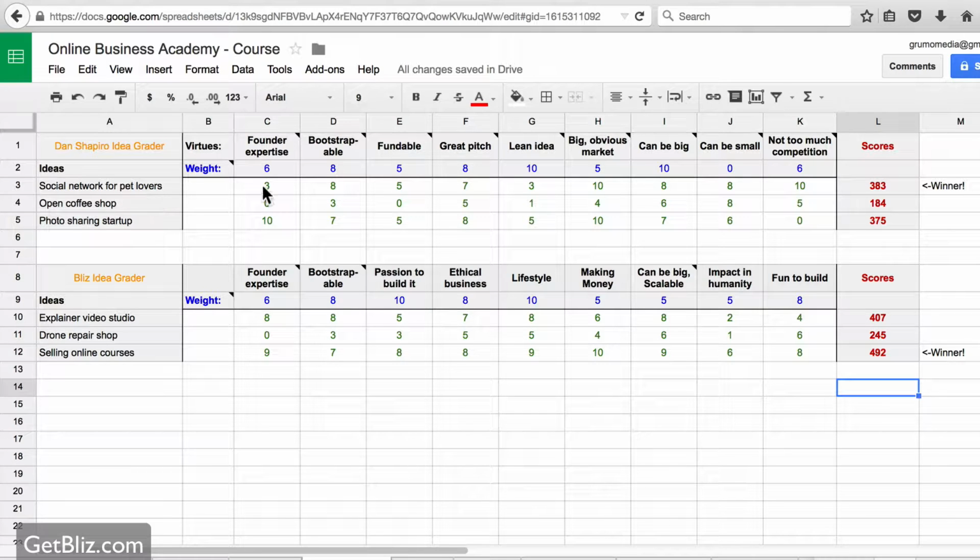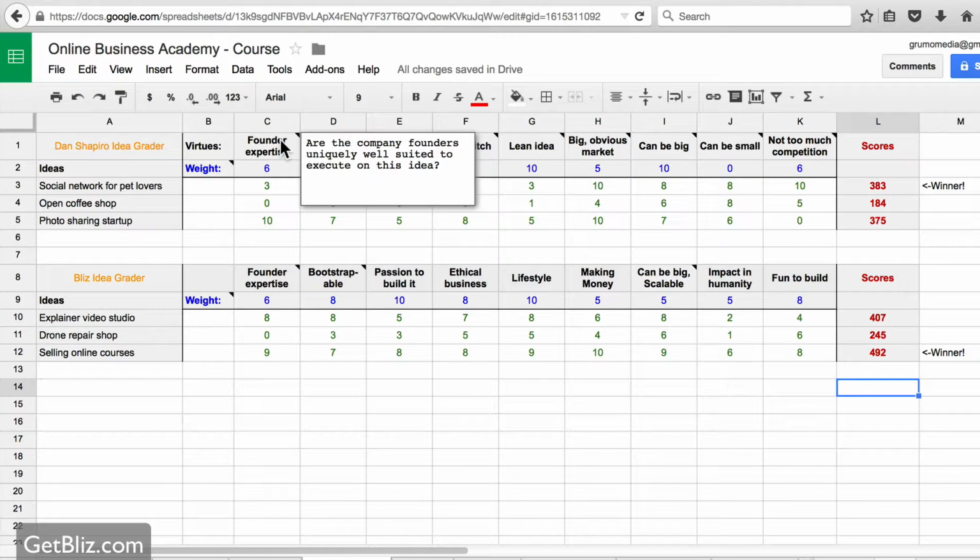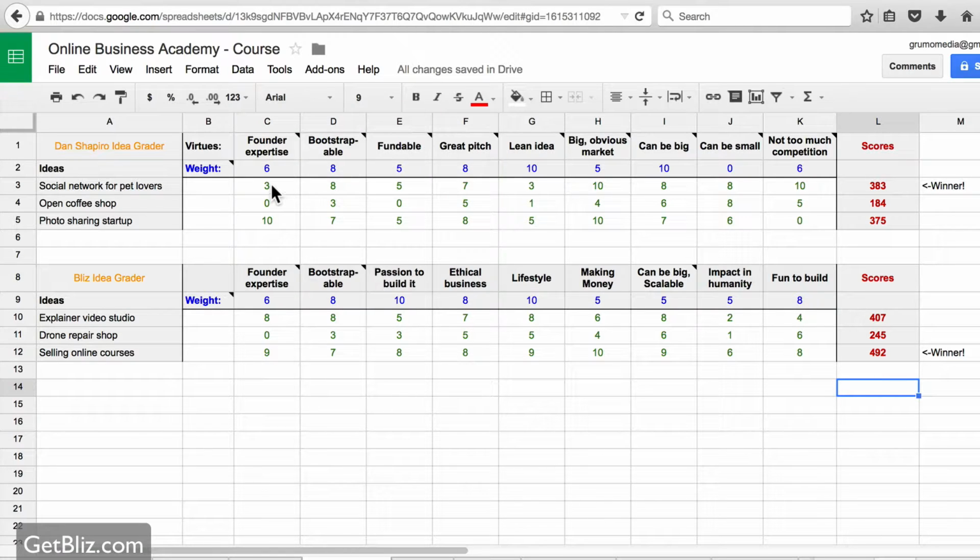How important is it that the company founders are uniquely well suited to execute the idea? If the answer is yes, very uniquely well suited, this would be a 10. In this case, Dan Shapiro, this is actually taken from his spreadsheet when he wrote the book Hot Seat, wrote 3. That means they didn't have a lot of experience doing this.